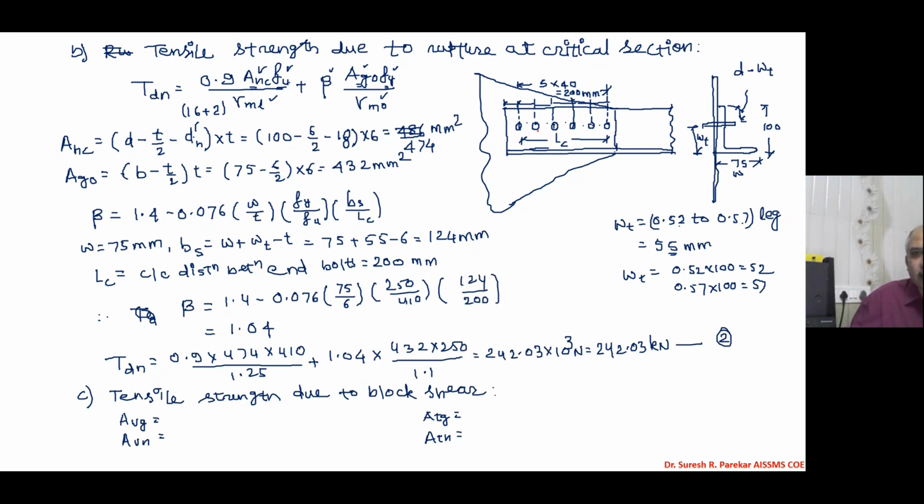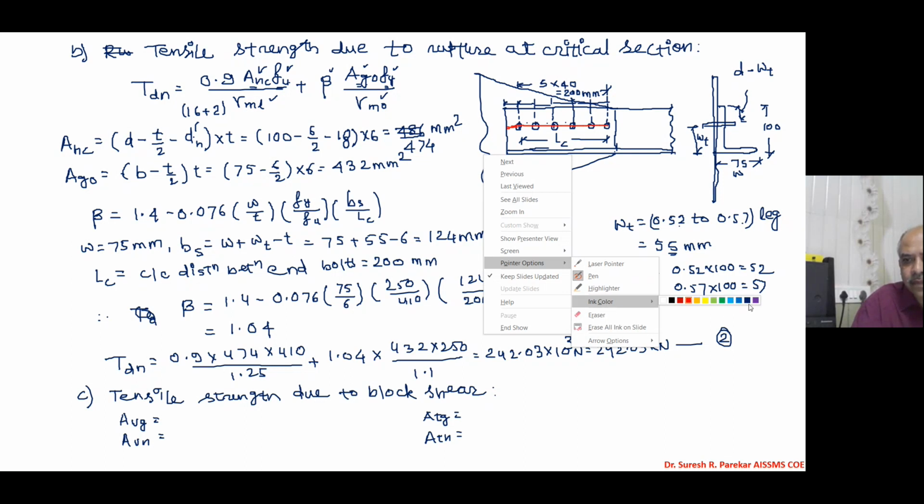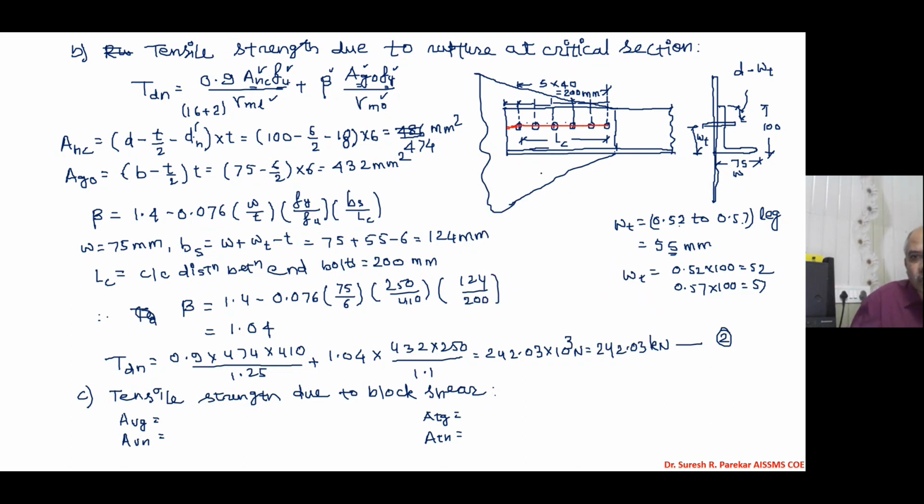So for AVG, we have to consider figure 7. So this is the given section. This length into thickness, so we will get the AVG value. Now this total will be 240.